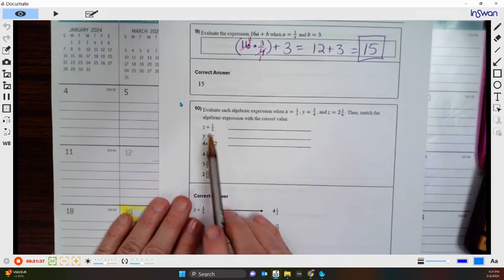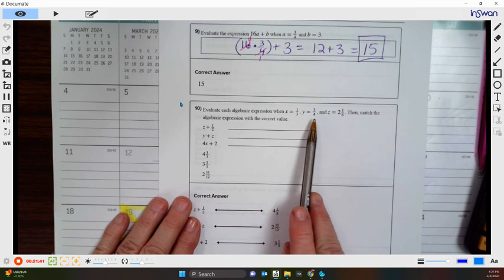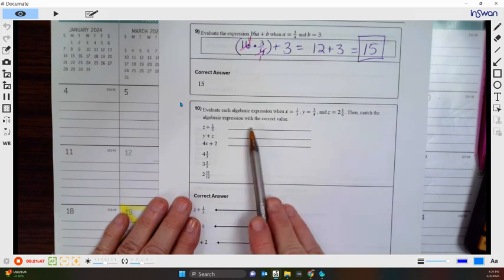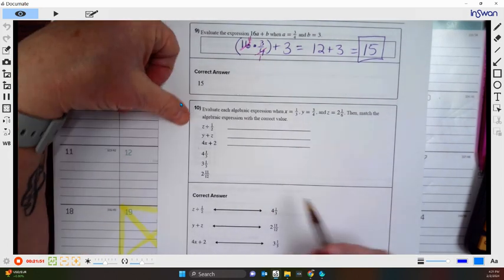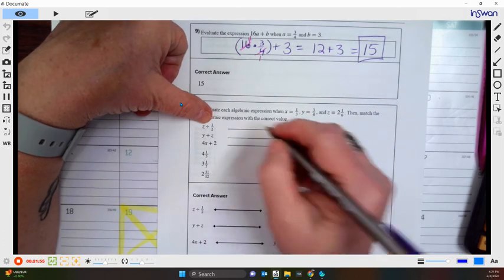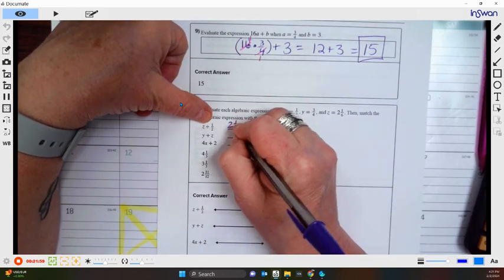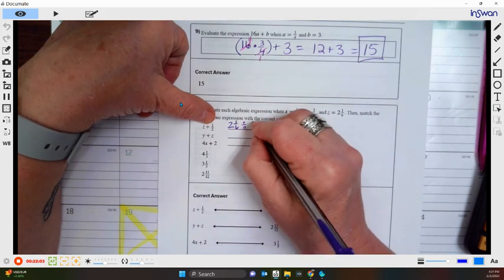Number 10, it says evaluate each algebraic expression when x is 1/3, y is 3/4, and z is 2 1/6. Then match the algebraic expression with the correct value. Okay, that's pretty easy. So if I have z divided by 1/2, z is 2 1/6, and we're going to divide that by 1/2.